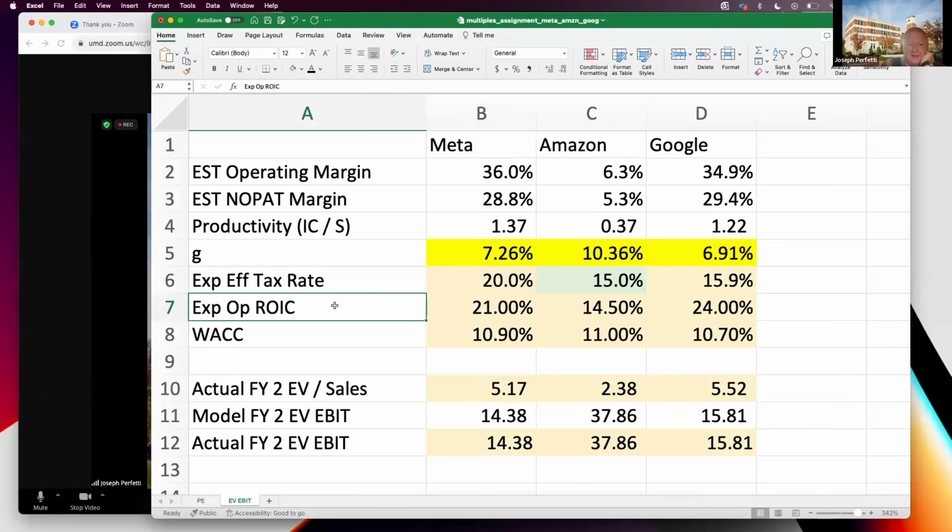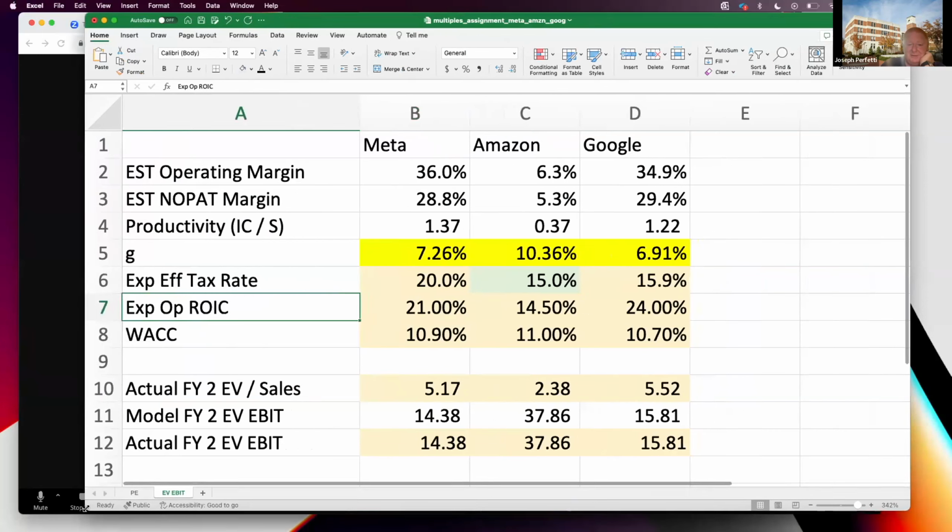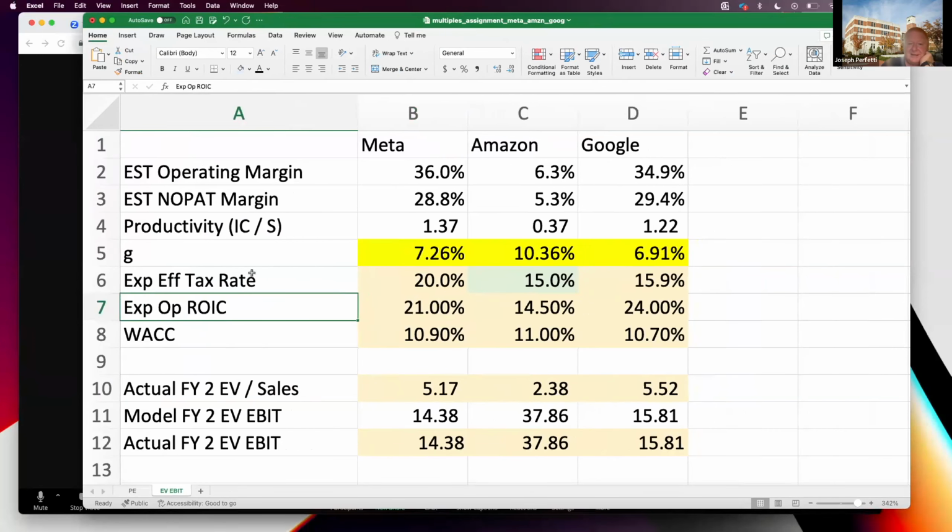So tell us why Meta is trading at a premium or discount to, in this case, discount Amazon and Google, EV to EBIT. Yeah, so Meta's trading at a discount to both of its peers, and primarily its performance with Amazon is due to Amazon's much stronger growth rate and slightly better tax rate.